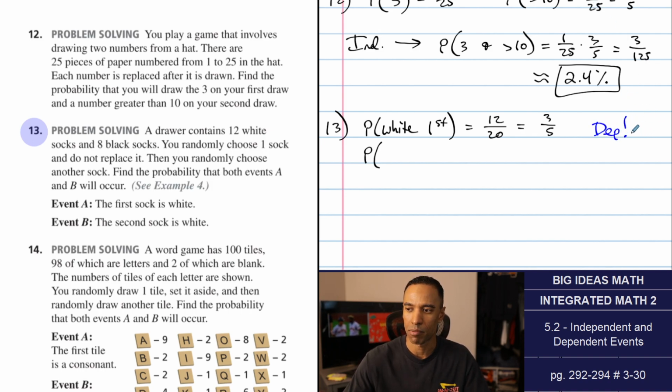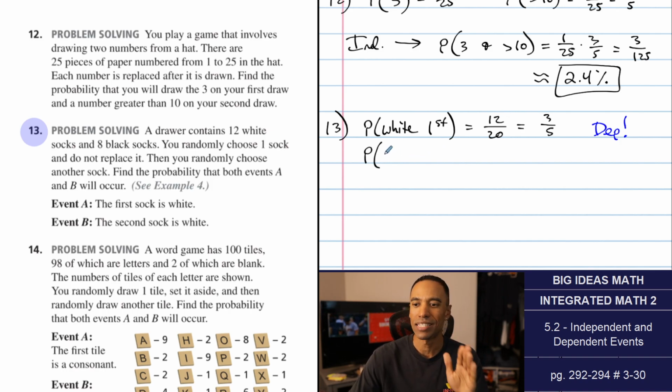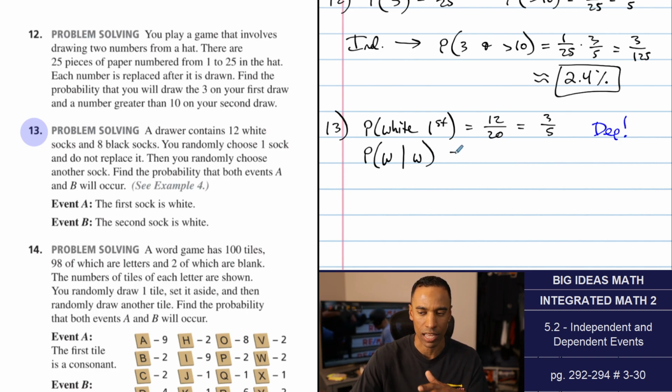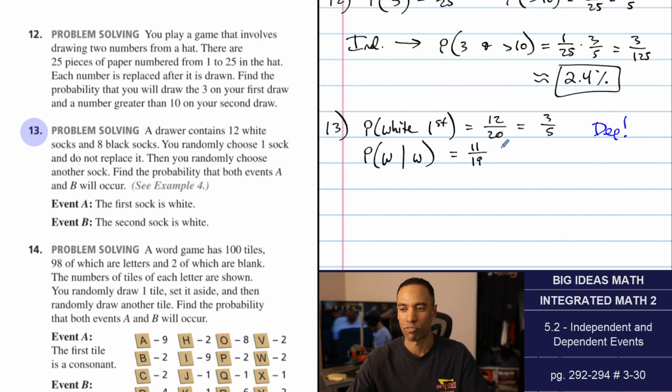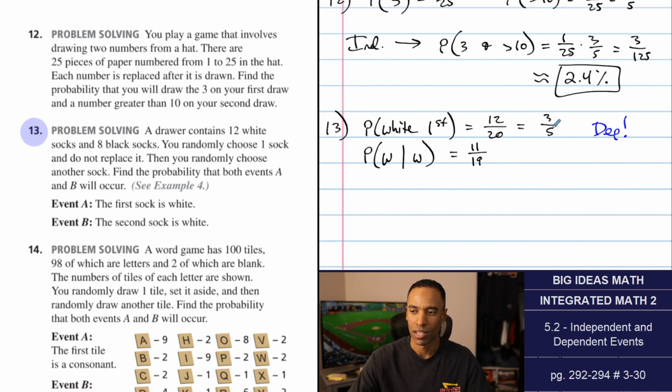This is dependent because I remove this white sock. So probability of white given that white has been chosen. Now there are only 11 white socks left and 19 socks left total. And that doesn't reduce.